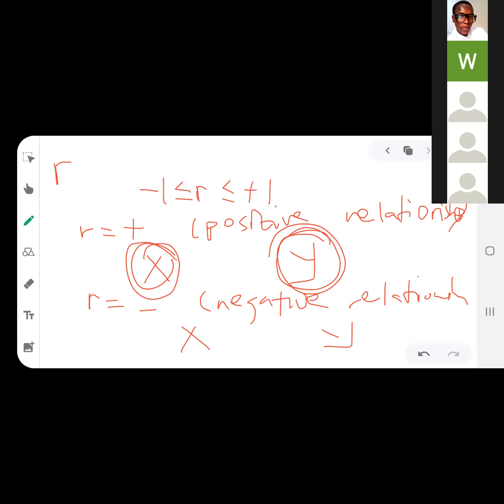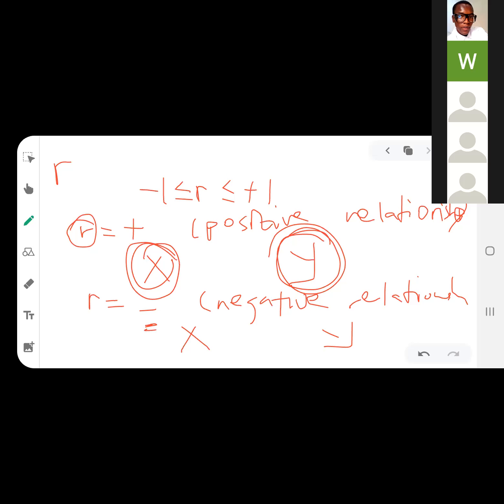So if you say, make sure you text me every night, you send me a good night text every night before you sleep, or you call me every night before you sleep, and the person does not call you, that is a negative relationship and it's toxic. So it's given by R that is equal to negative.